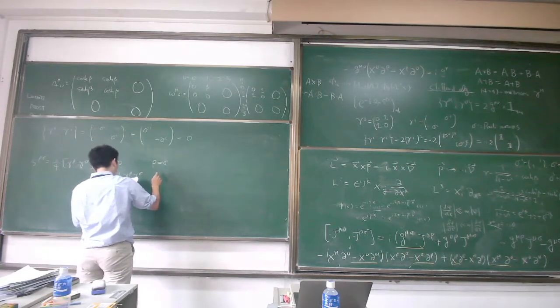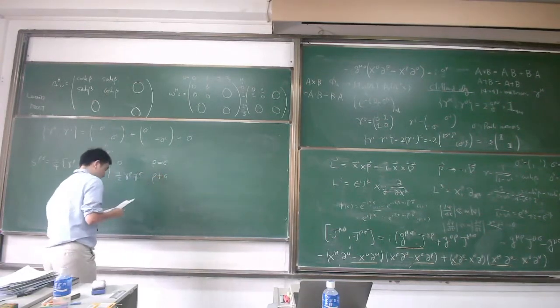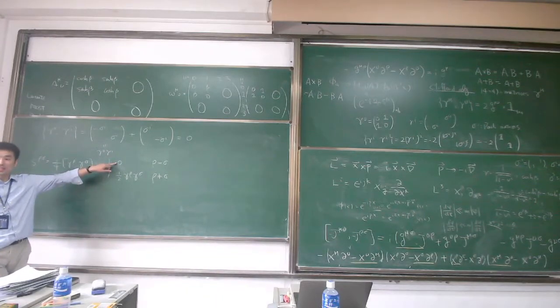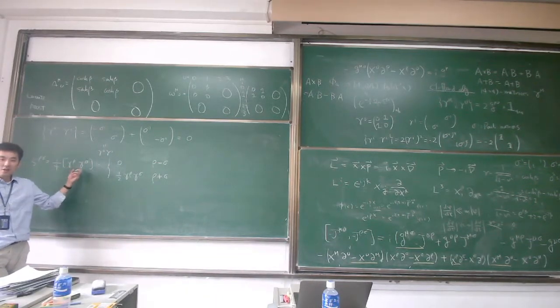Okay. So the former one, of course it's easy to see, right? It's an anti-commutator, so it becomes 0, of course. On the other hand, this one, is it okay?